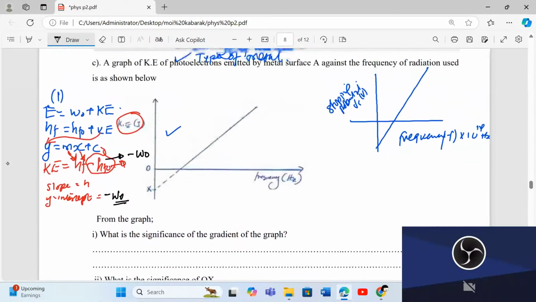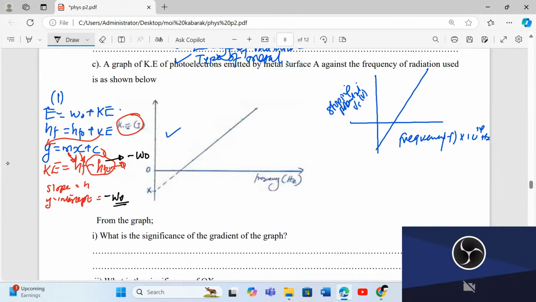What about this one? This one will say that the energy of a photon, kinetic energy, can be given in two ways, by electron volts or by half mv squared.